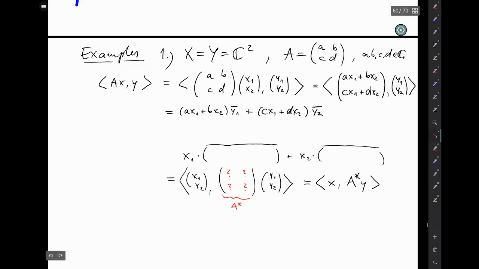Okay, so having seen this, let's now again work from here and try to sort for x1 and x2. And of course we find x1 here, leading to this expression together with the y1 bar coming from here. And x1 is also here, leading to this c here together with the y2 bar from here. And then just in the same style, you factor out x2 from what remains, and you get b times y1 bar plus d times y2 bar.